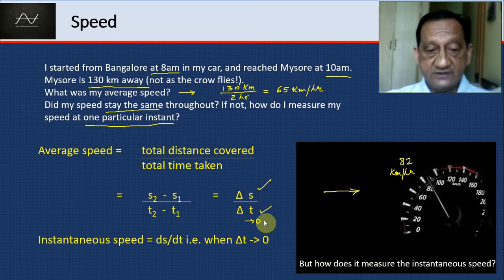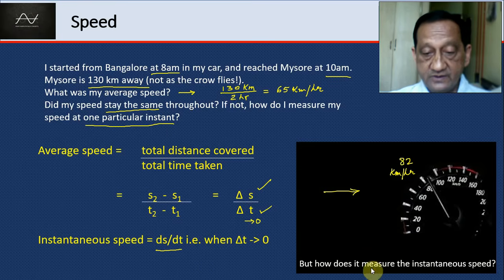So in calculus, when this delta t tends to zero, then this delta s by delta t is written as ds by dt. That is a rate of change of position or the distance. Rate of change per second. So it becomes meter per second, right?